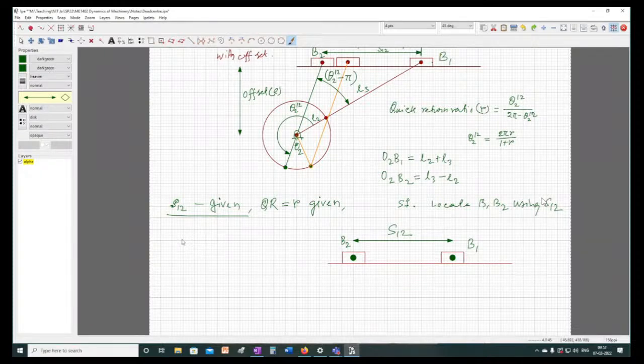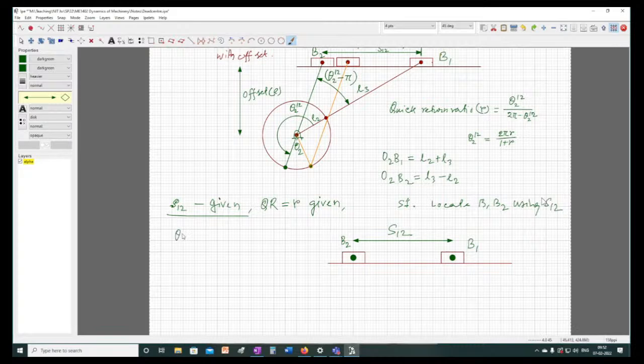Tell me some angle so that we can make our calculations easy here. Suppose this is theta 2 1 minus 180 degree, and this angle, how much is this angle approximately? Let's say 40 degree.